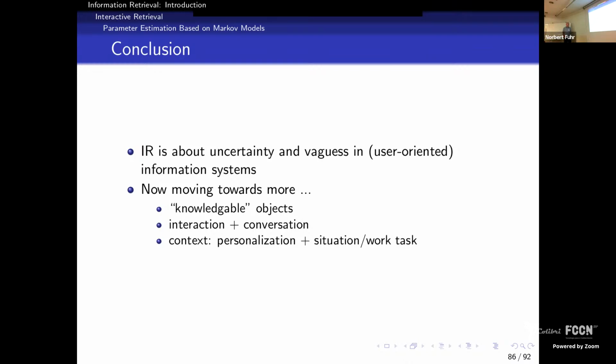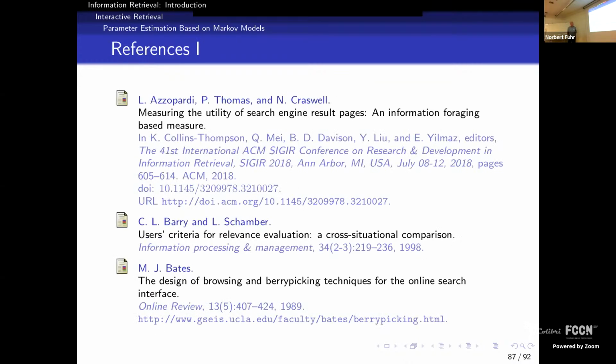And current trends are that we move towards more knowledgeable objects, that we deal with interaction and conversation, and that we consider more complex aspects in terms of personalization, and also with respect to the situation or work task, so especially the aspects I discussed together with relevance. Okay, that's it. So the remaining slides will just show the references that I used in this part.